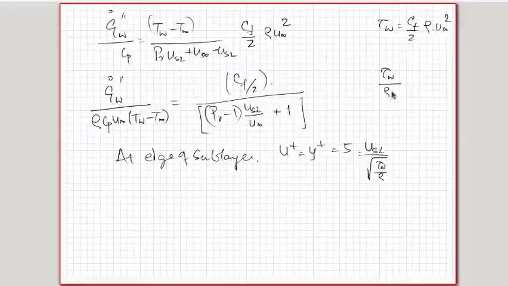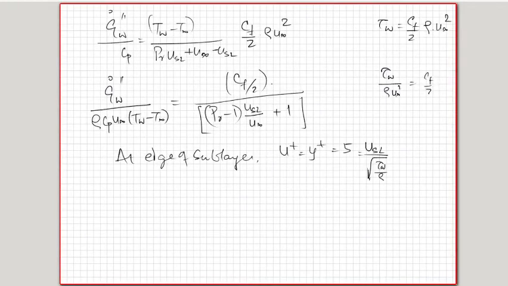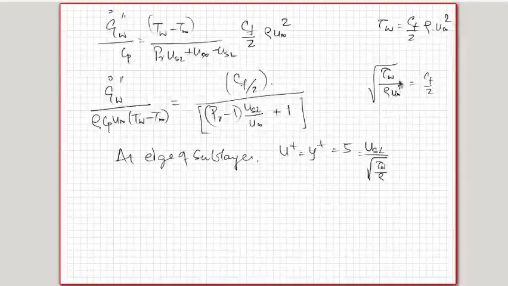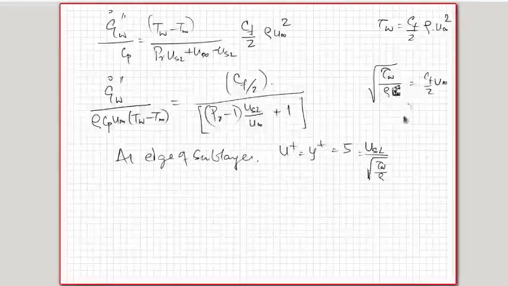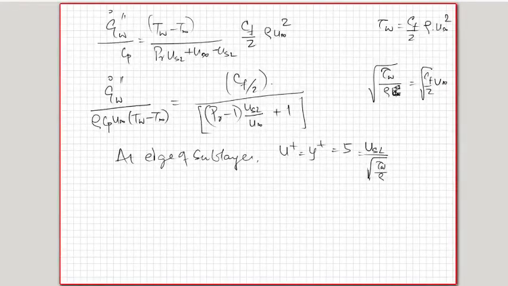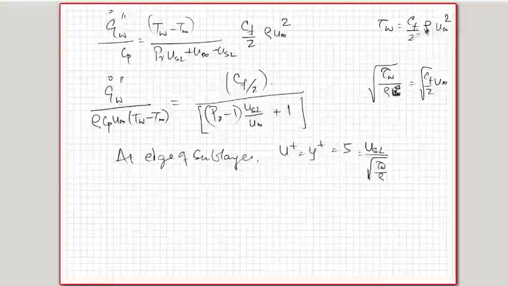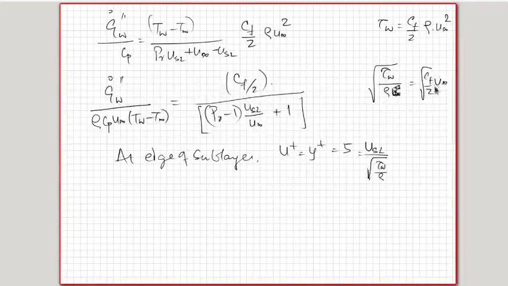Tau wall by rho u infinity square is Cf by 2. So square root of tau wall by rho u infinity square is this. If I take the u infinity to the other side, it will be square root of Cf by 2 into u infinity, because tau wall by rho is Cf by 2 u infinity square, and the square root of that will be this.